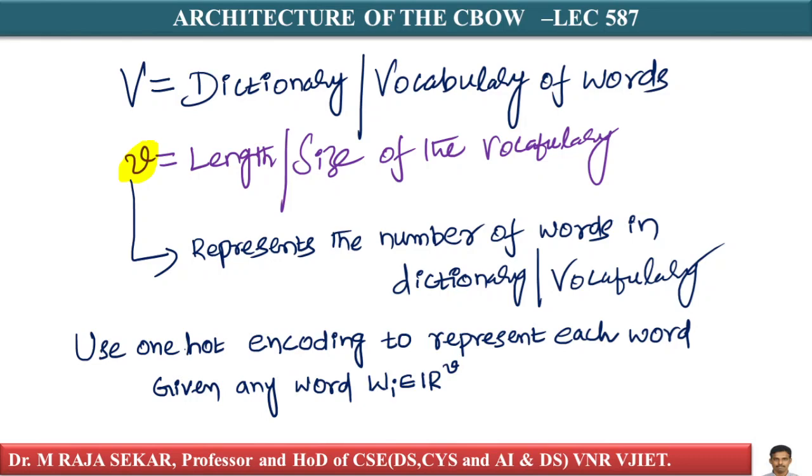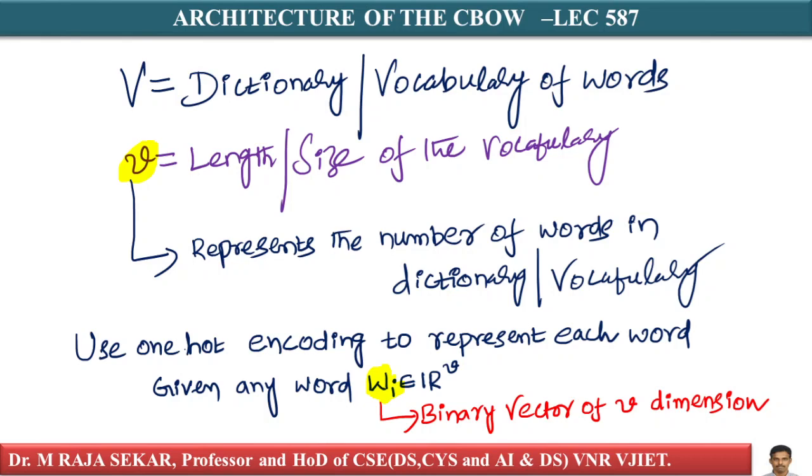The second step is that I use one hot encoding to represent each word, which means given any word wi, I can represent it as a v-dimensional vector. Wi belongs to R power v. This is basically a binary vector of v dimensions.